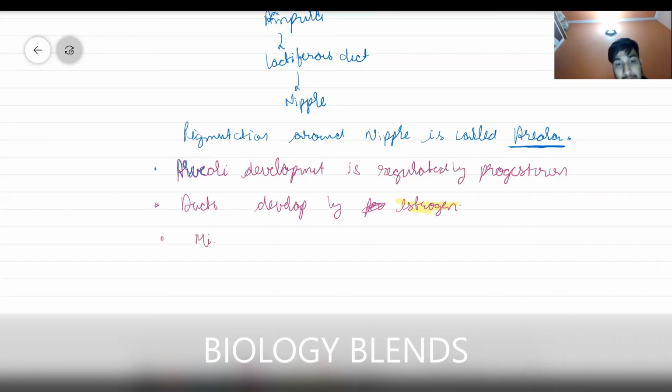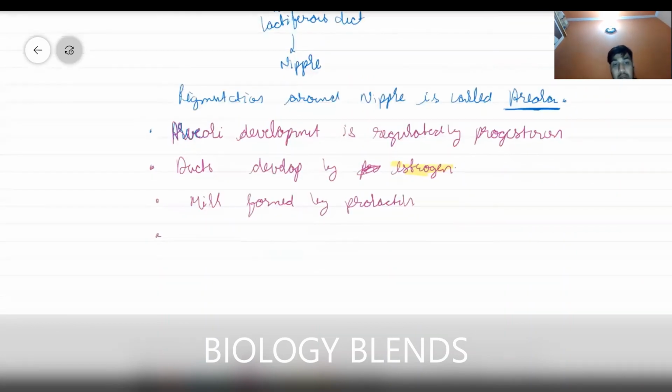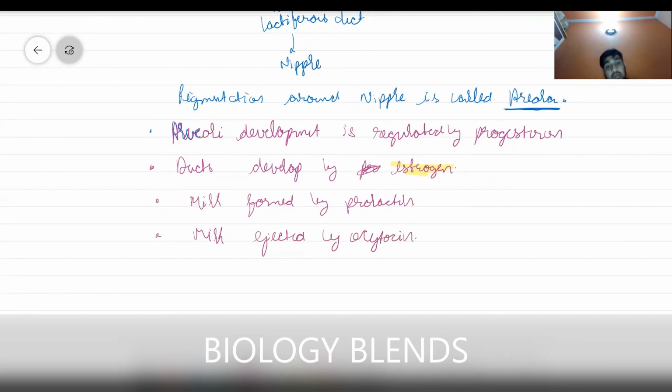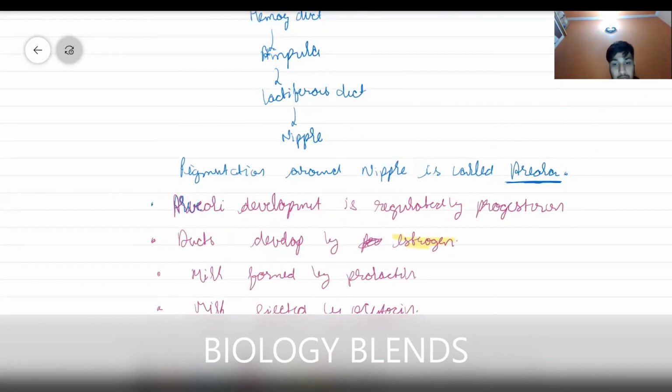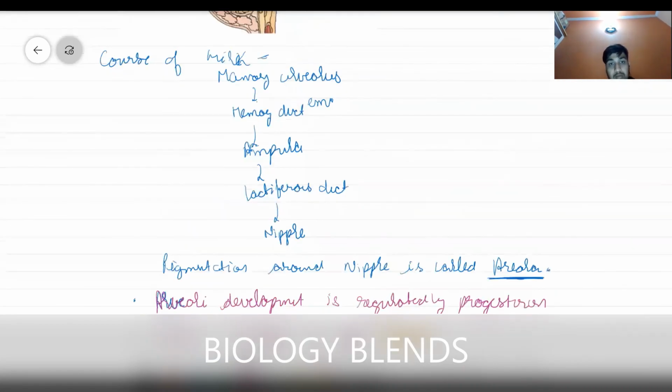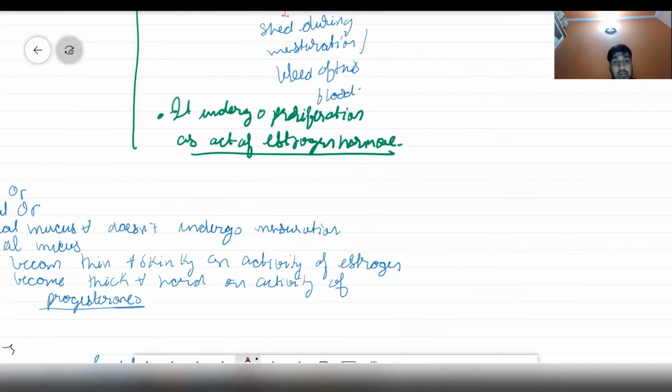Milk is formed by prolactin. And milk is ejected by oxytocin.